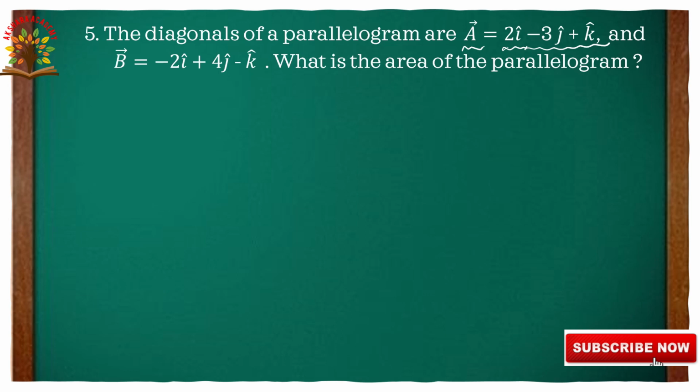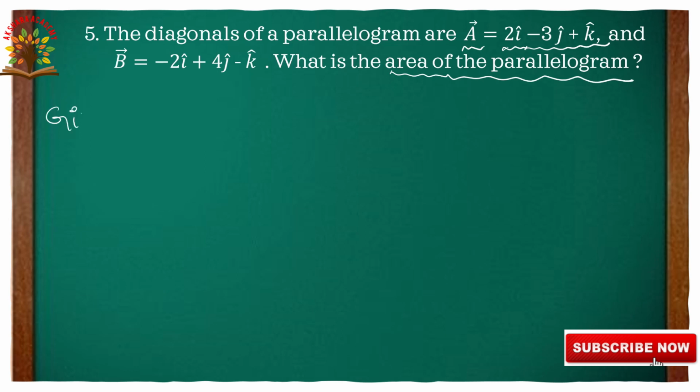If they give diagonals, then you have to use the formula for the area of a parallelogram, half modulus of d1 bar cross d2 bar. Here they give two diagonals of the parallelogram, and you have to find the area.